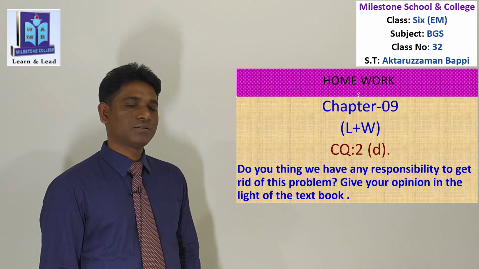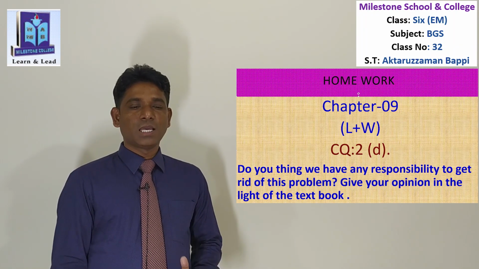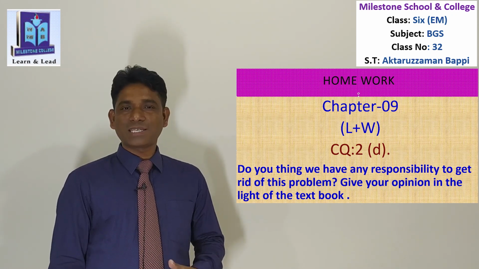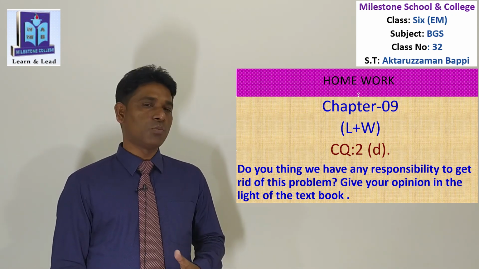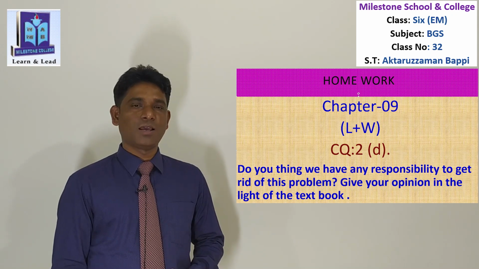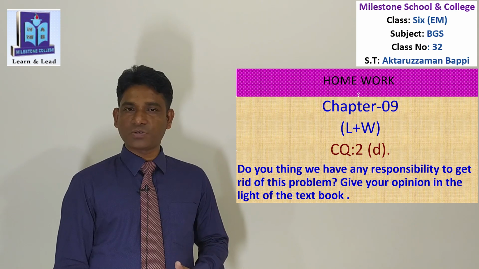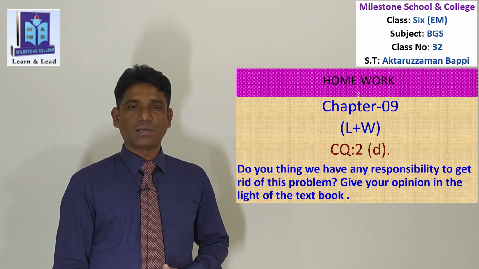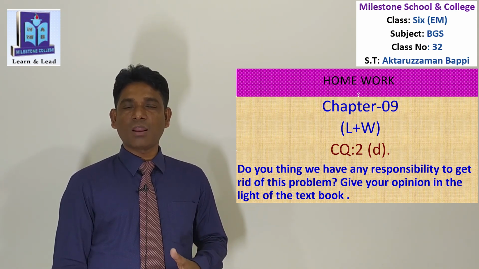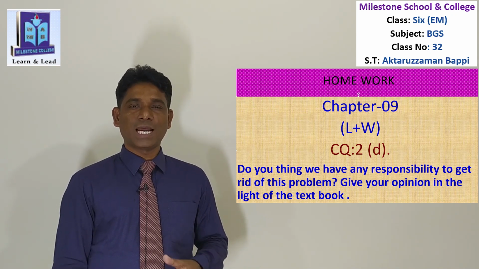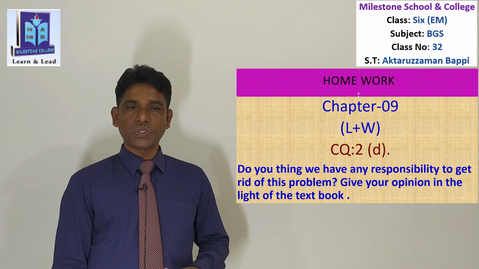Okay, my dear students, now time for homework. Today in your chapter 9 you know, I have discussed creative question 1 and 2, isn't it? And also I have discussed MCQ from your textbook, and I have given the answer to all of them, but I didn't give the answer to one question. That one was question number 2D.